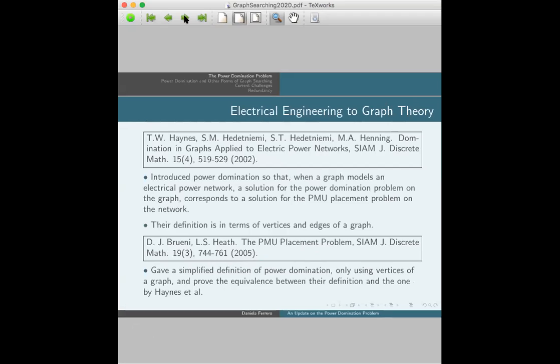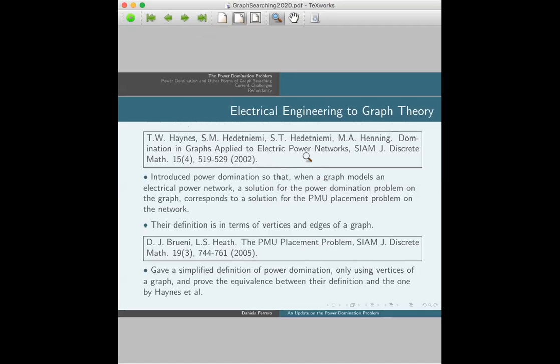Now, we're into graph theory, so let's leave aside the engineering for a while and focus on the translation of this problem into graph theory. The translation was done in this paper. In 2002, they introduced power domination so that when a graph is modeling an electrical power network, a power dominating set in the graph, a solution to a power domination problem for the graph, corresponds to a solution for the PMU placement problem on the network.